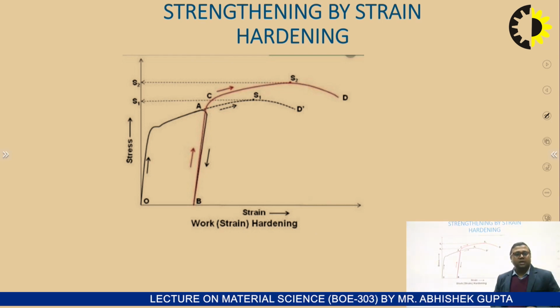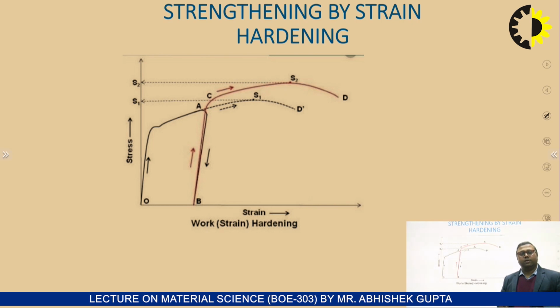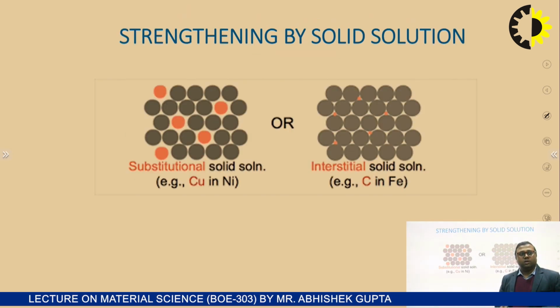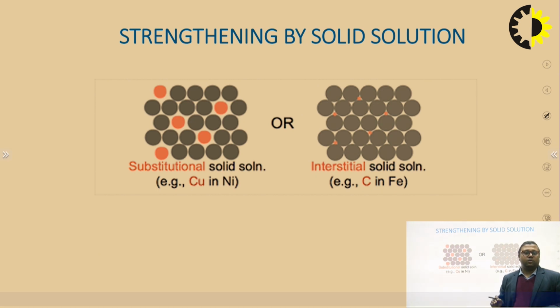So whenever you apply some external force onto a particular material, that external force causes the material to become hard, and due to this work which we perform on the material, the strength property increases in that material.